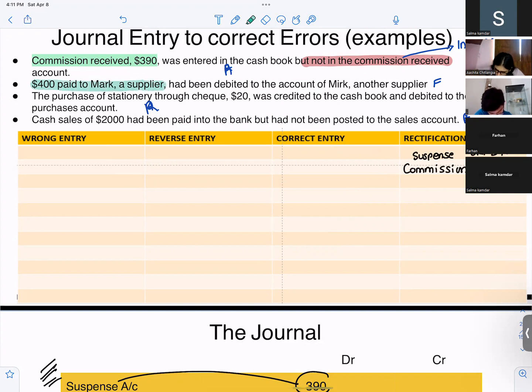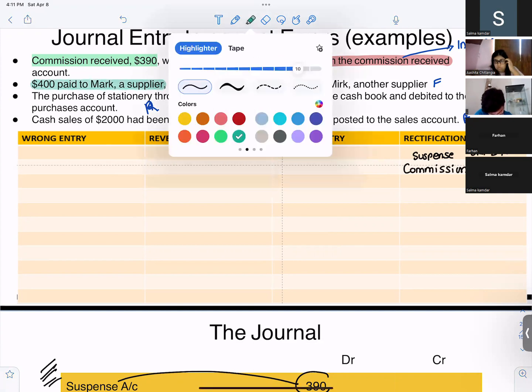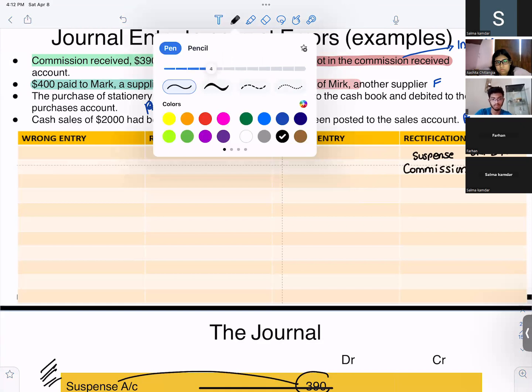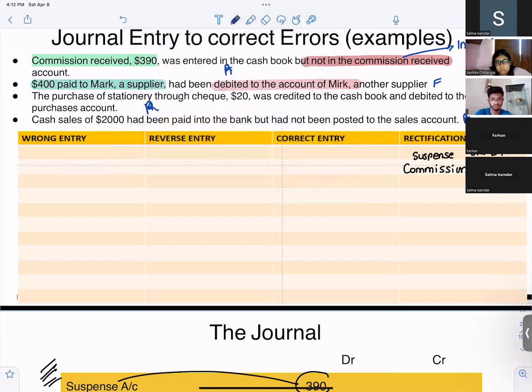What did you do wrong? It had been debited to the account of Merck, which is another supplier. So there is only an error in the name. What is this error called? Error of commission.